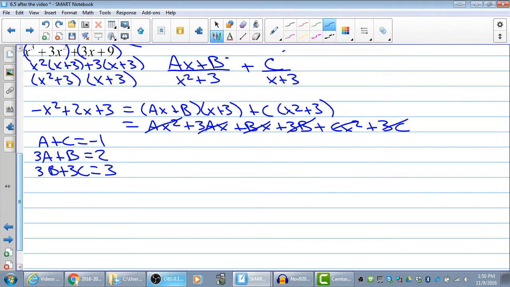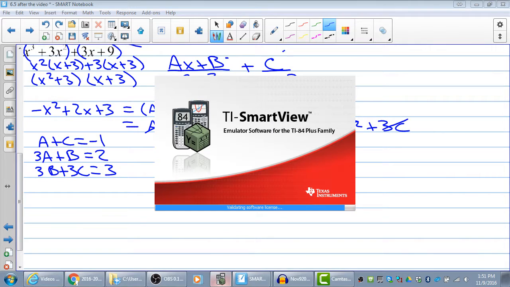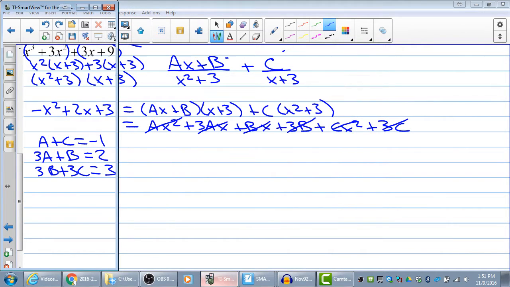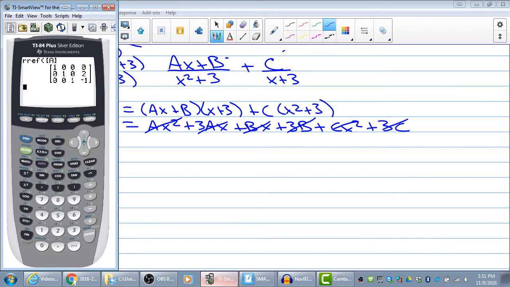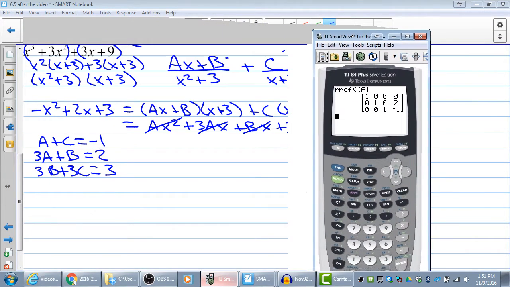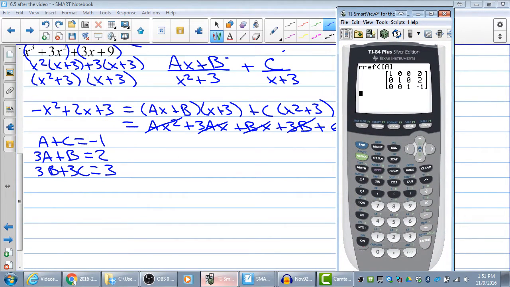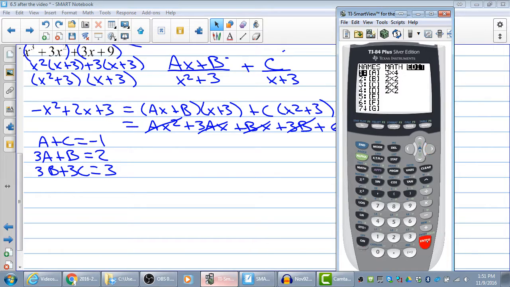Well, I think we could do this by hand, but I'm going to allow calculators on this part. So let's throw it into a calculator and let it spit out the answers for us. Let's go into matrix. We're going to edit A, and we're going to have a 3 by 4.